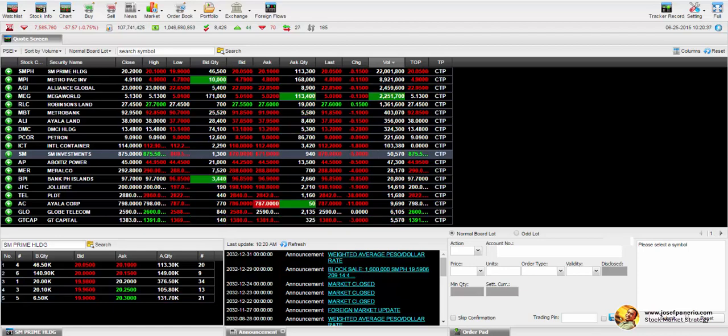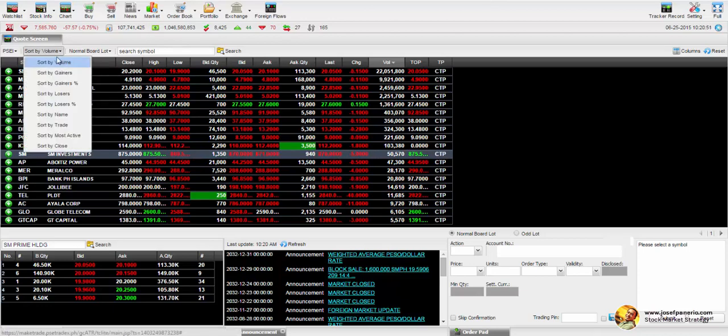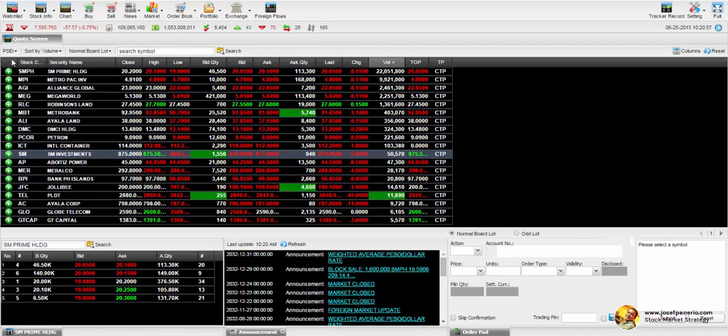Next, we have a sub-menu on the PSEI. Just click on it, and it displays the stocks that comprise the market index. Again, as I shared with you on sort by volume, you can sort all the stocks. A while ago, what we did is we clicked on the PSEI.